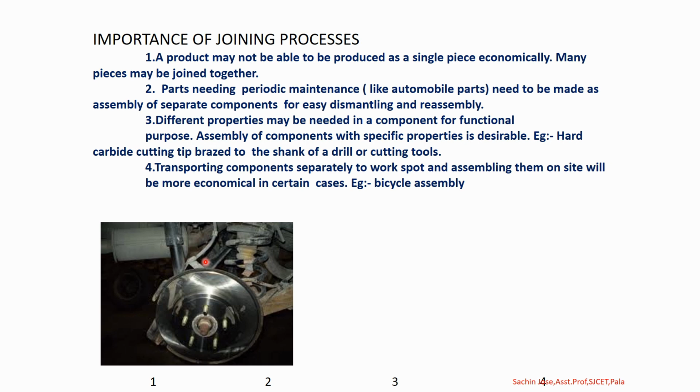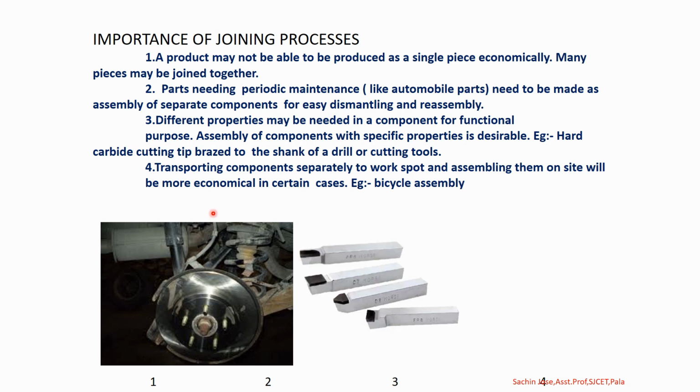Clear? Another reason is that different properties may be incorporated into a single component, a single machine or a tool, for the functional purpose. See this cutting tool, which has a carbide tipped end. It has a tip, and these are two different materials.